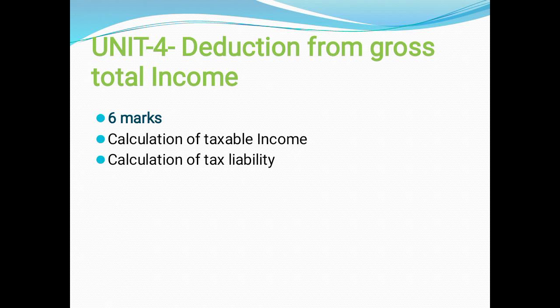After doing this deduction, we calculate the tax liability on the basis of the slab rates given for an individual, senior citizen or super senior citizen. So for one type of person, one type of rate of tax will be implied, and that particular tax liability will be calculated. If they ask separately, then it comes to 6 marks.